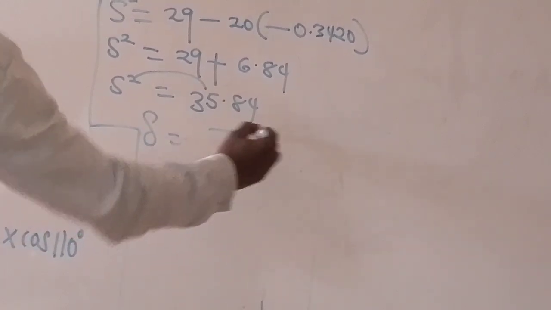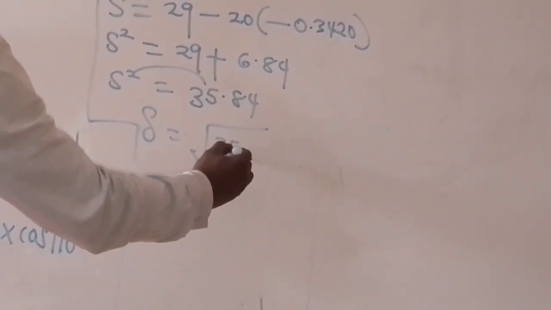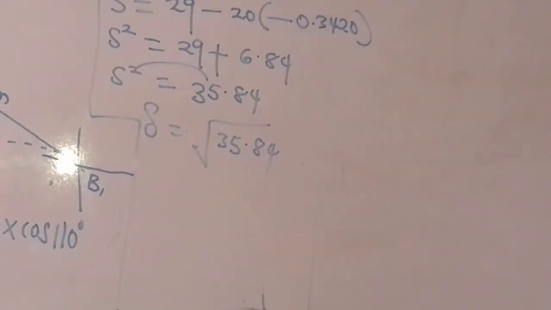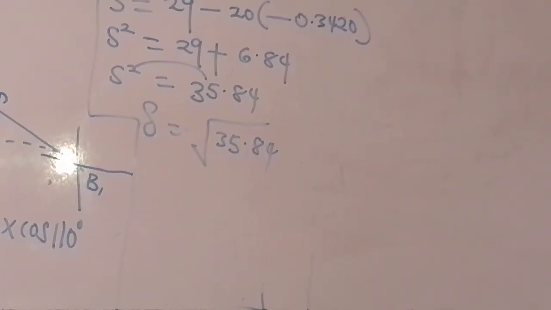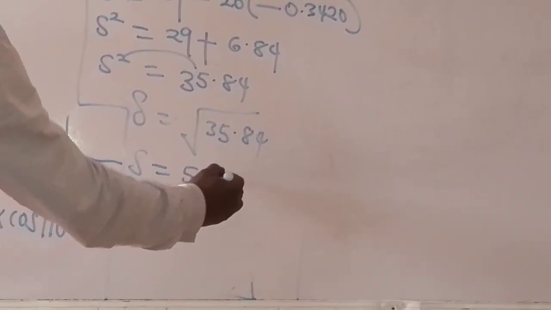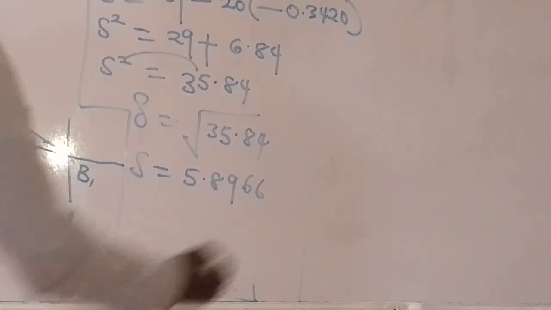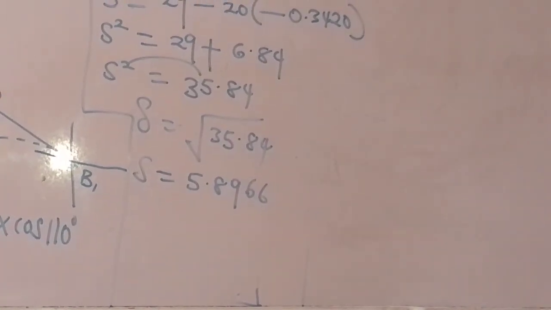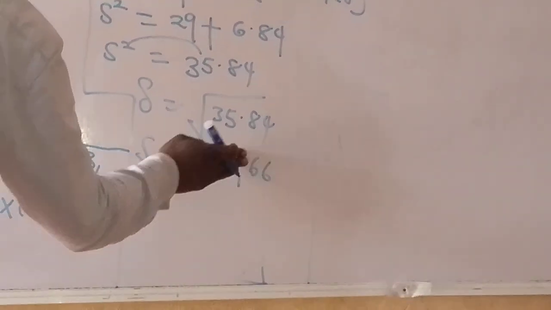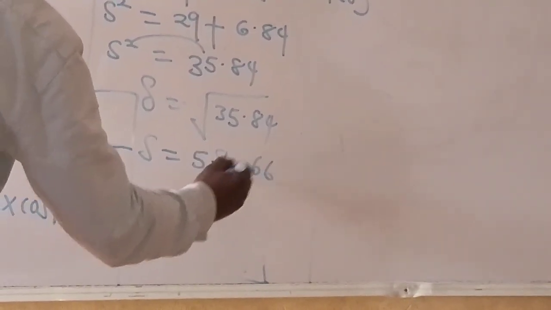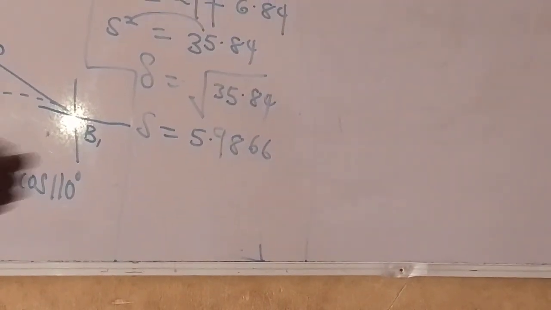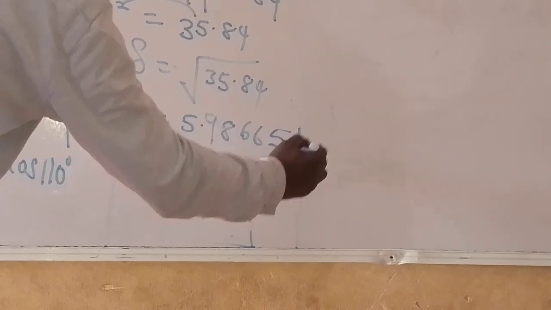Then you transfer the square to here. We have the square root of 35.84. The square root of 35.84 will give us 5.9866, and the unit is kilometers.